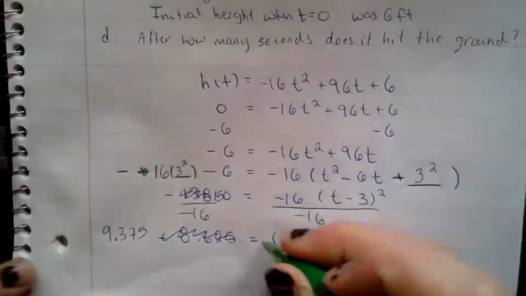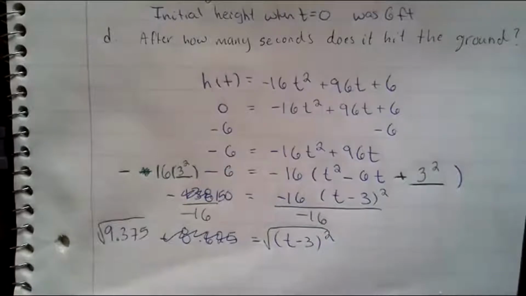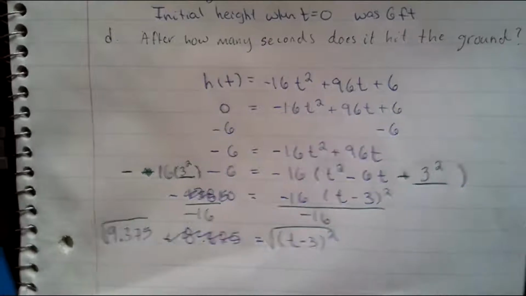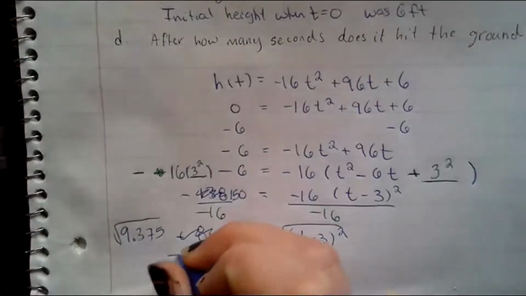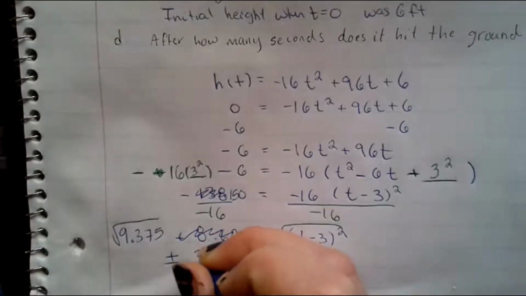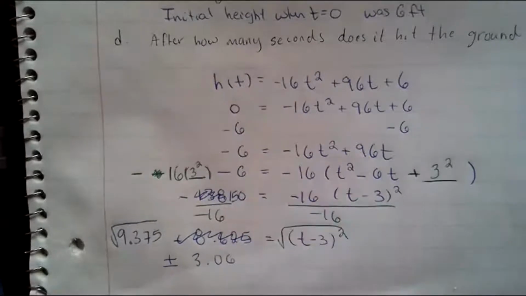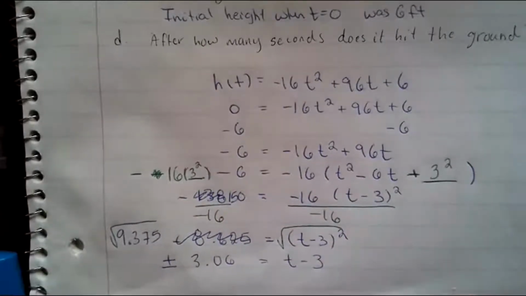All right, so now I'll take the square root of 9.375. Just doing it on my calculator. And we end up with plus or minus, and I'm going to approximate about 3.06, equals t minus 3.